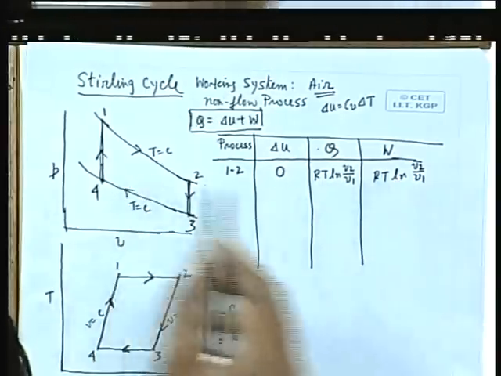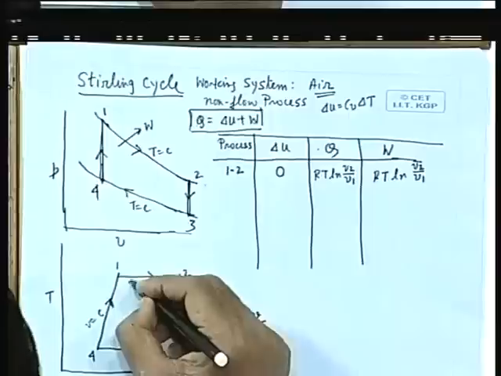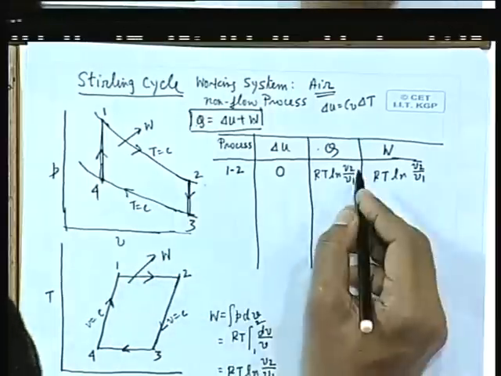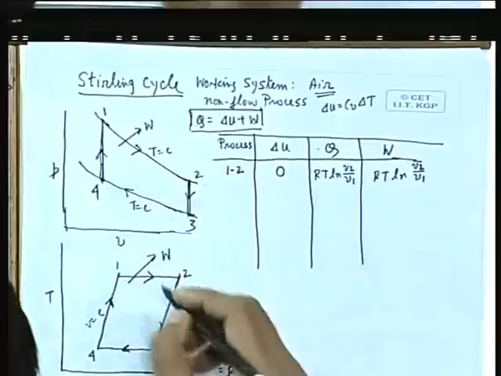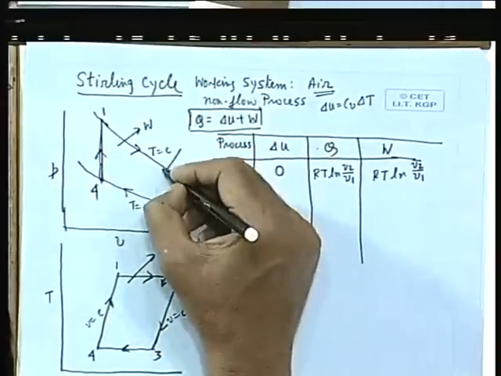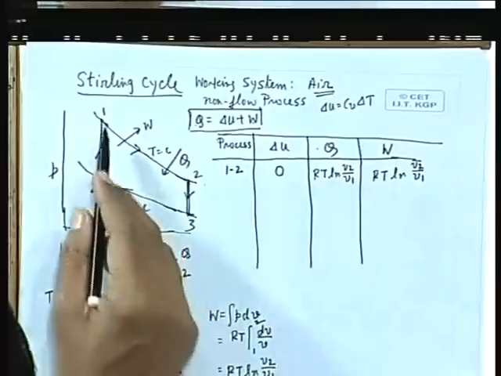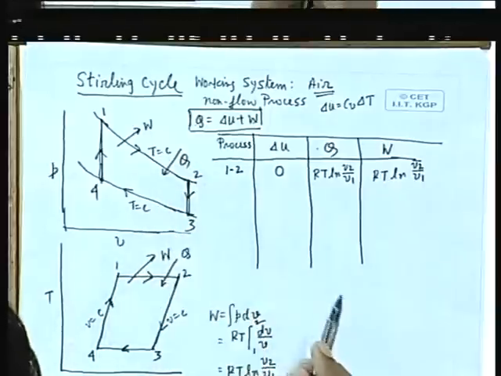So, here the work quantity comes out, and heat is being supplied because Q is positive. So, in isothermal expansion work is being done and heat is being supplied.